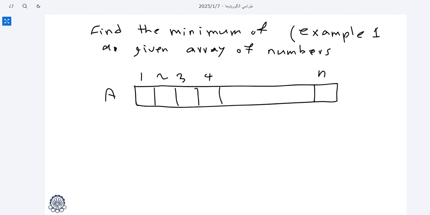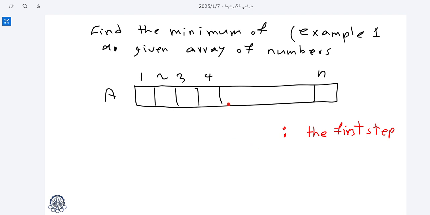In the first step, we should divide the problem into smaller subproblems. How can we divide the problem into smaller ones?